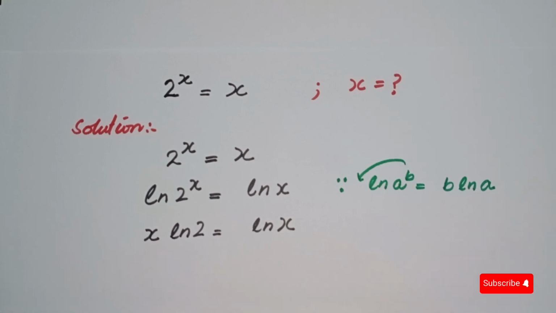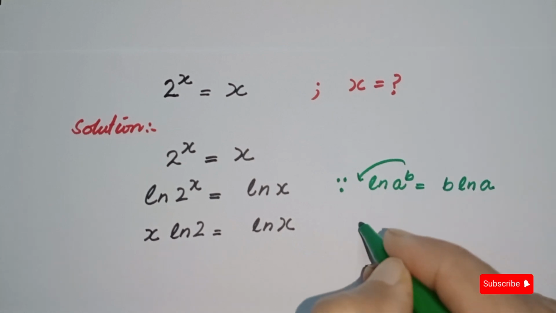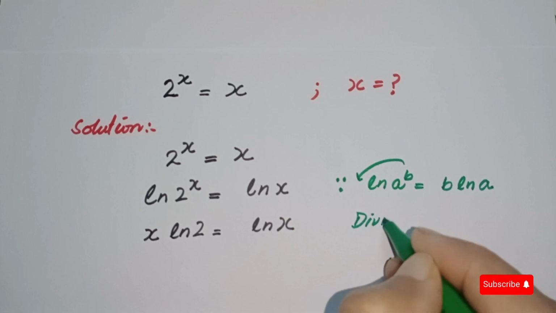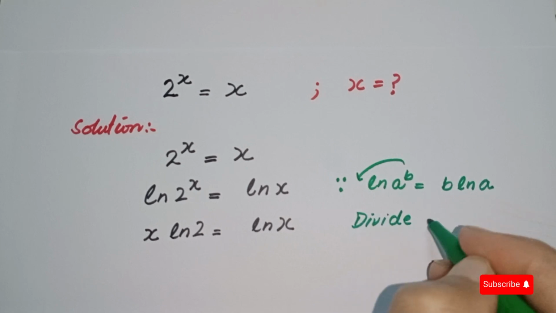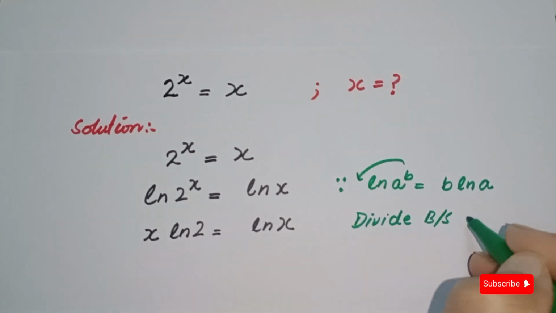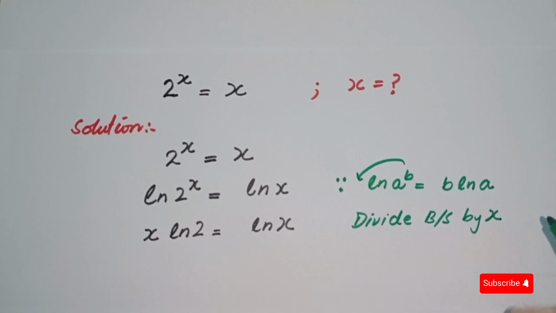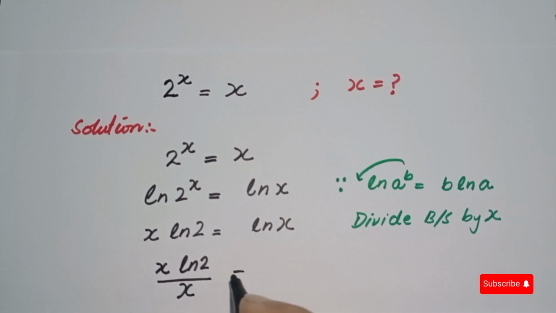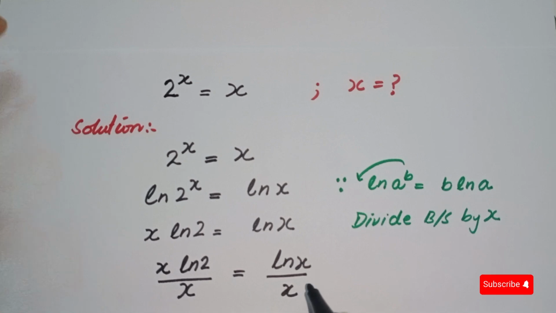Now in the next step, we will divide both sides by x, because we want to bring variables on one side and the constant on one side. So x natural log 2 over x is equal to natural log x over x.